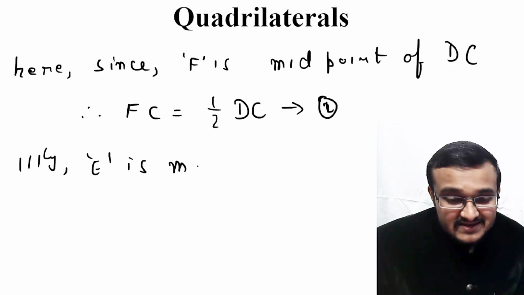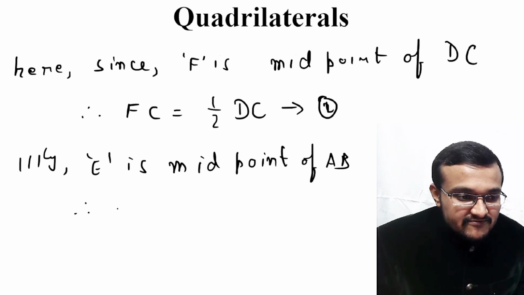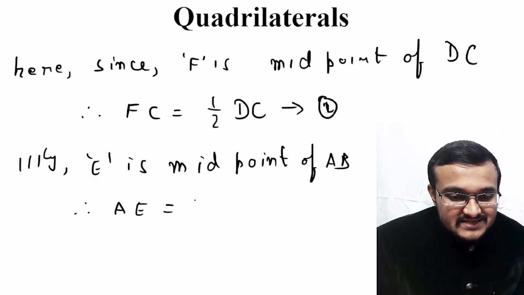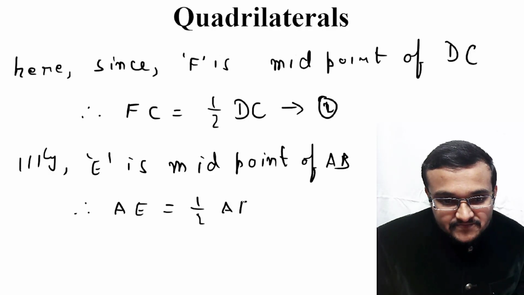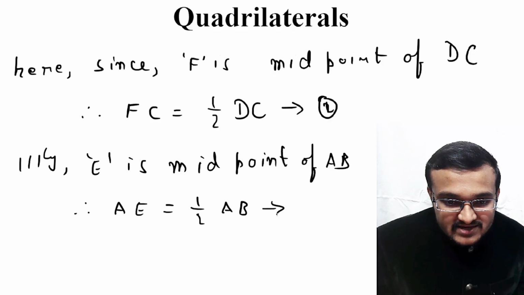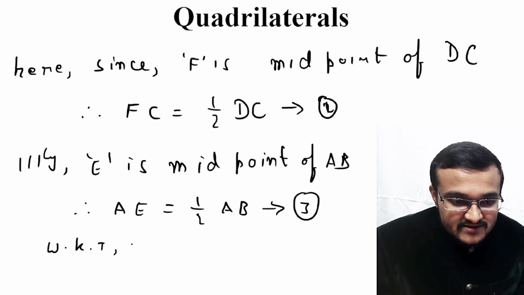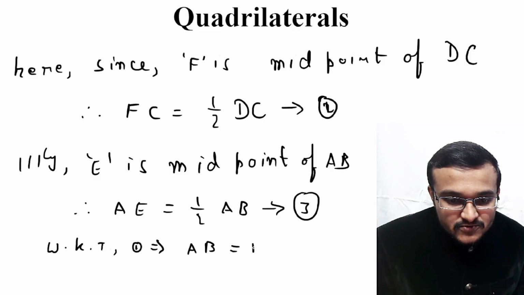Similarly, since E is the midpoint of AB, therefore AE is equal to half AB. We can call this equation 3. From equation 1, we have AB is equal to DC.